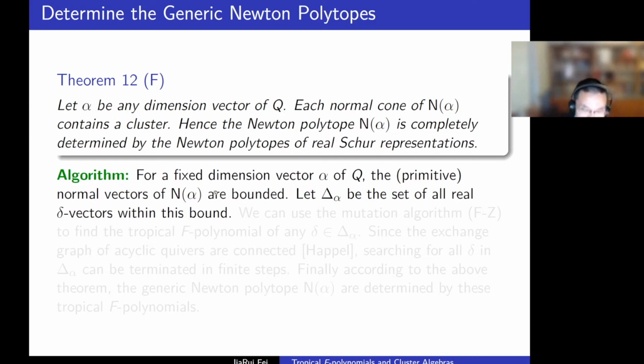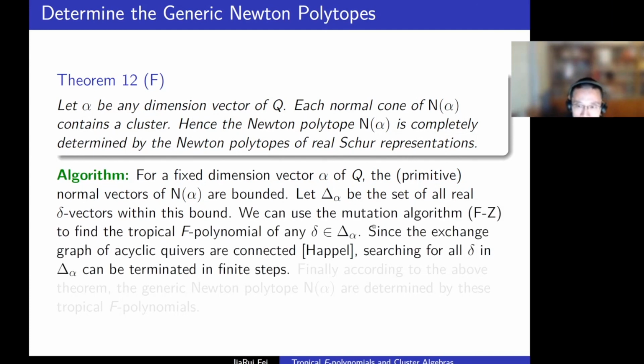Given this Newton polytope, the normal vectors are all bounded. It is difficult to give a sharp bound, but it's quite easy to estimate some rough bound. Then consider all the real delta vectors within this bound. By real vector, I mean those delta vectors corresponding to the clusters. Then I can use the mutation algorithm to compute the tropical F-polynomial of those real delta vectors.